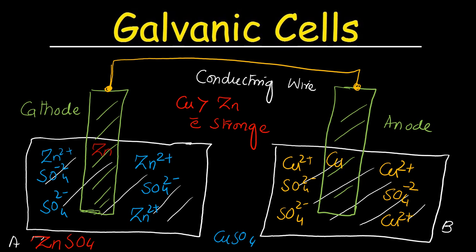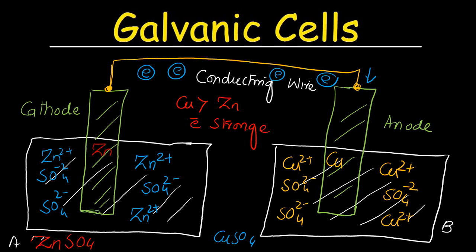Since you know that the zinc has a weaker pull than copper, the zinc will start to give electrons to the copper. So due to this, the electrons from the zinc will start to flow and they will go toward the copper plate.